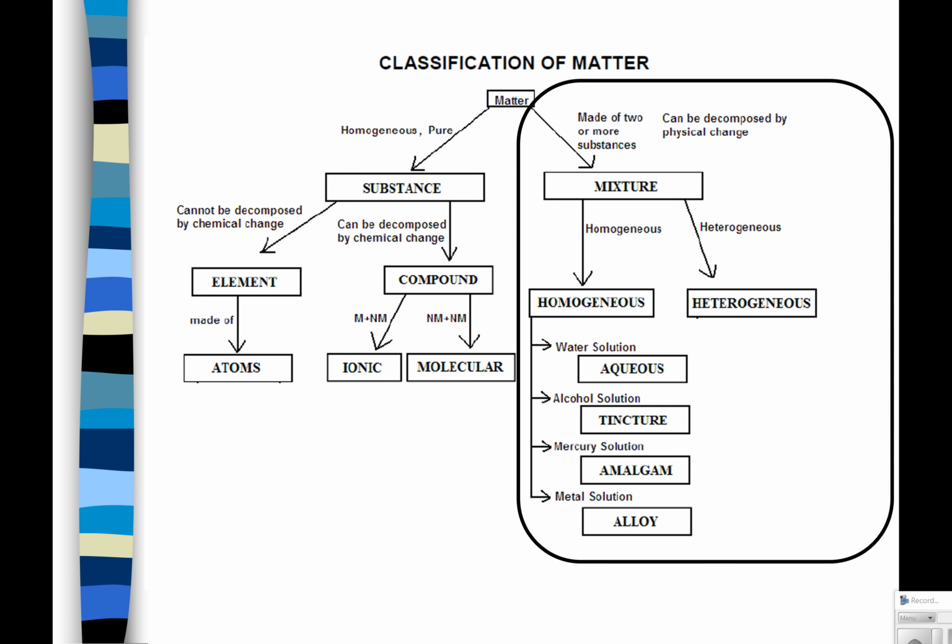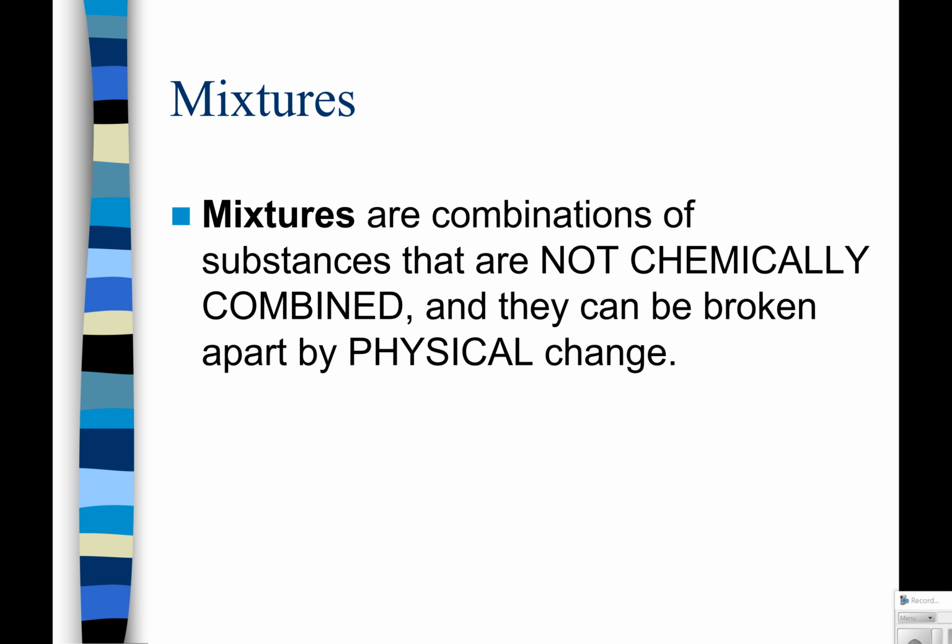Now, the other side of our matter classification chart here are mixtures. And we're going to look at two different types today. We'll talk about a couple different examples. So mixtures are combinations of substances. Now, everything is made up of a substance, element or compound, but we can take elements and compounds and combine them together and create mixtures.